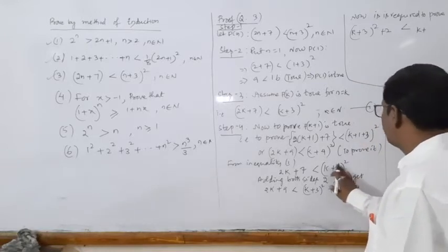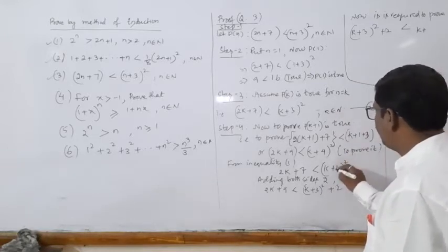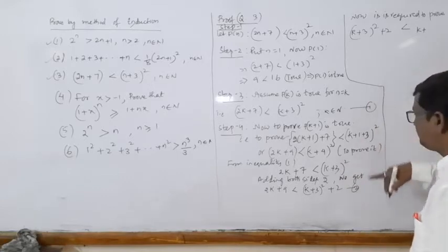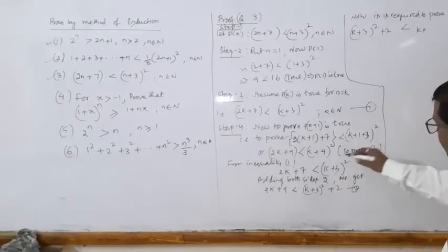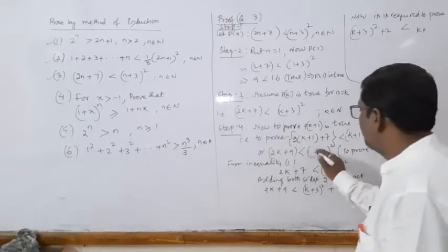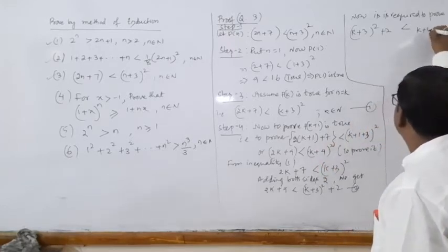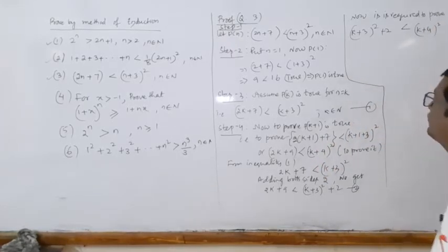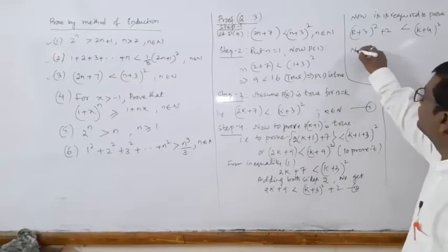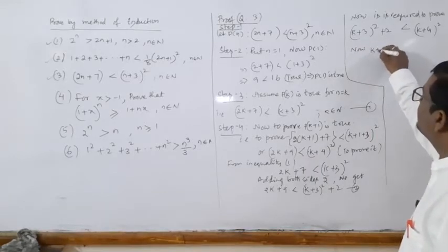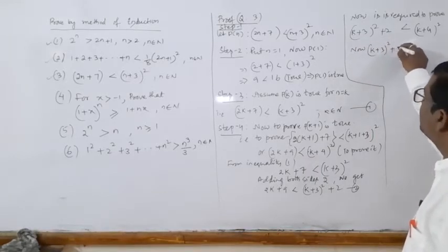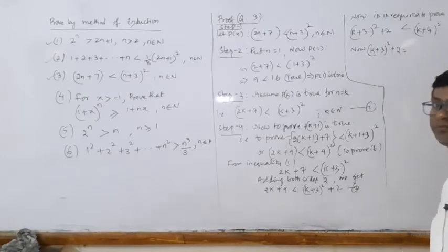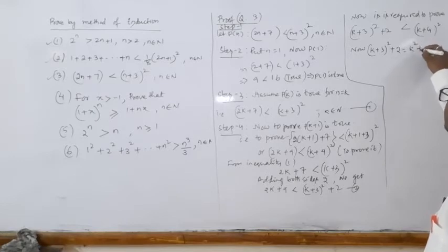Sorry, this is k plus 3. You have to prove k plus 4, that is (k plus 4) whole square. Now (k plus 3) whole square plus 2 can be written as k square plus 6k plus 9 plus 2.